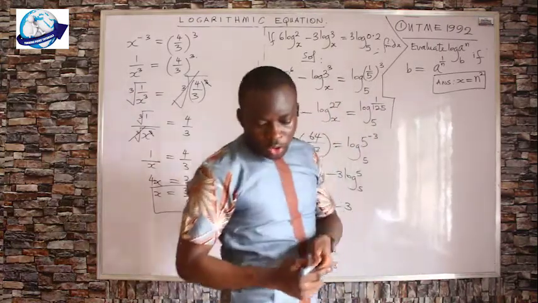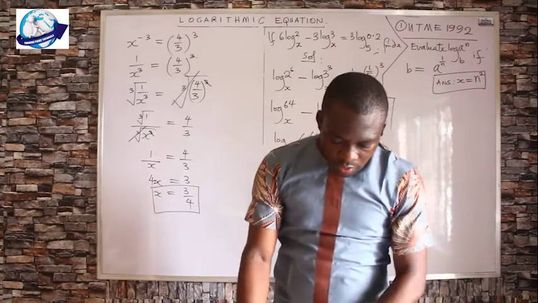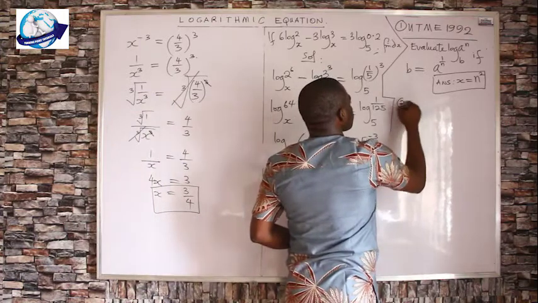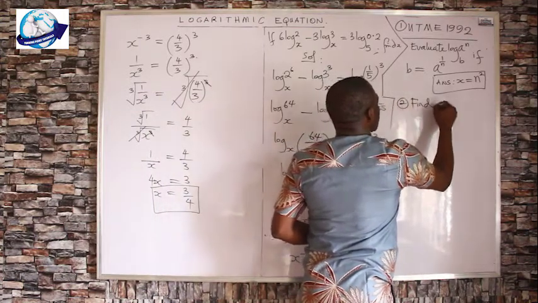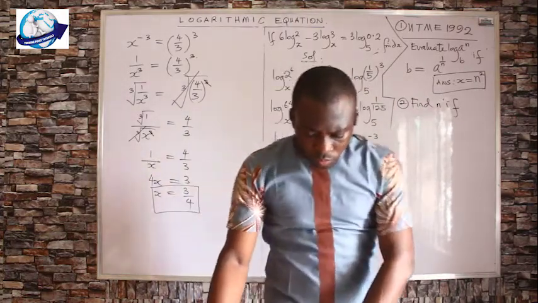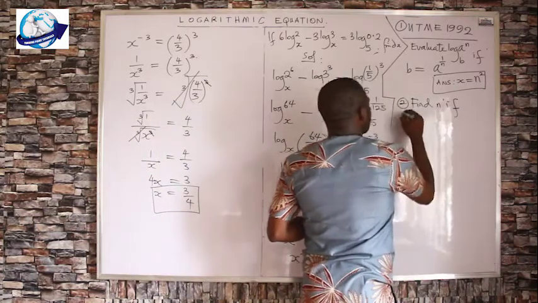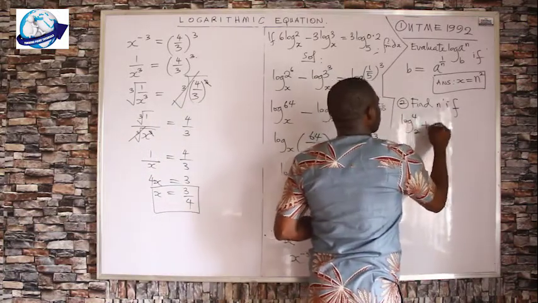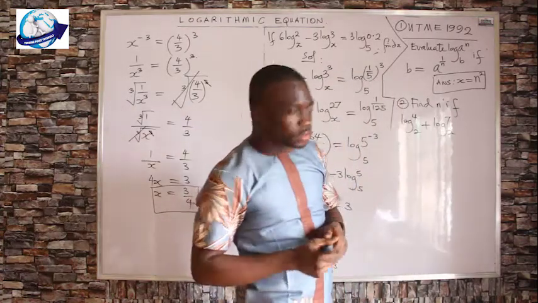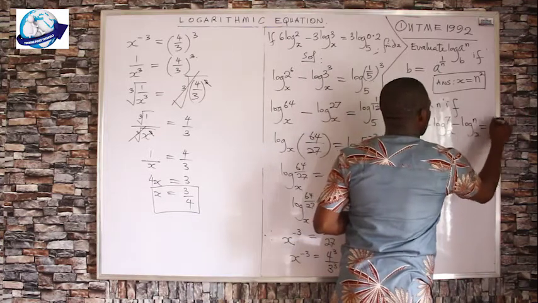Let's look at this now. Number 2, find n if log 4 base 2 plus log 7 base 2 minus log n base 2 equals 1.